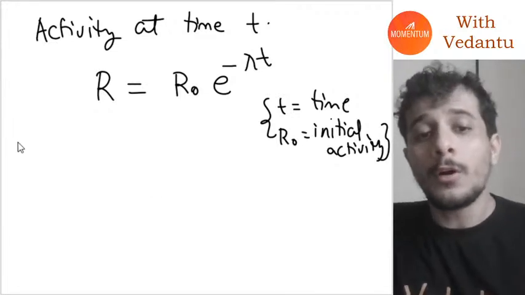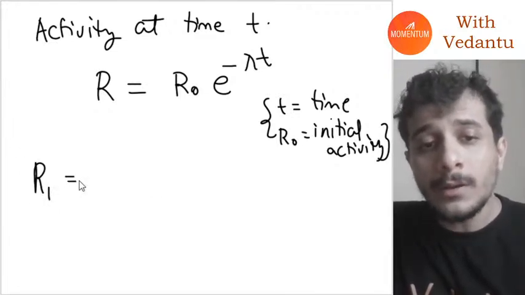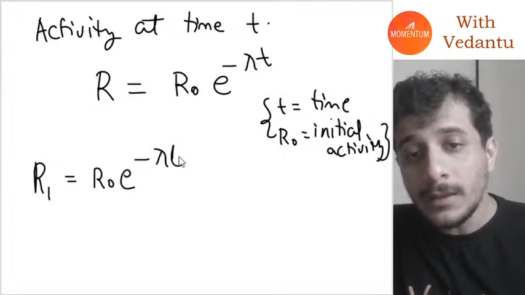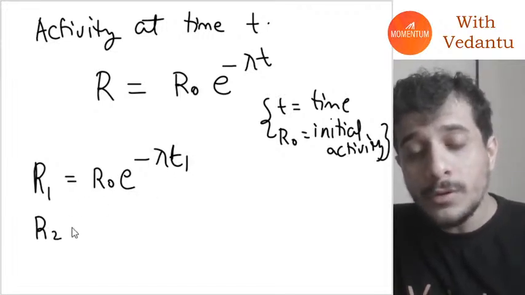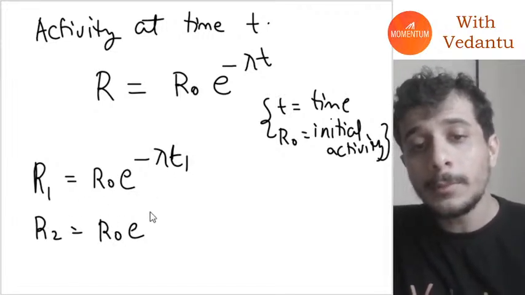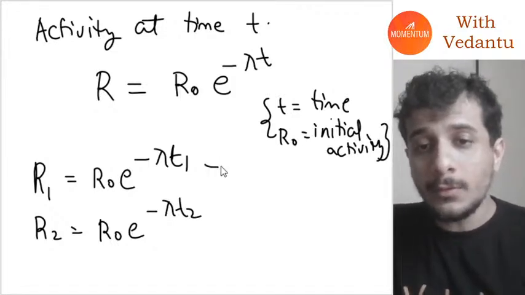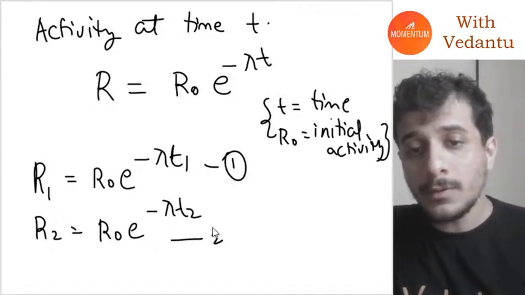From this I can write R1 is equal to R naught e raised to the power minus lambda T1 and R2 is equal to R naught e raised to the power minus lambda T2. Let's say this is equation 1 and this is equation 2.